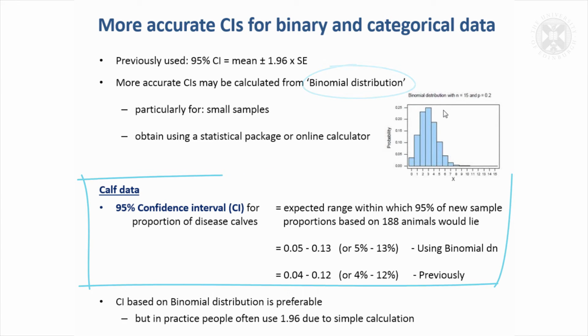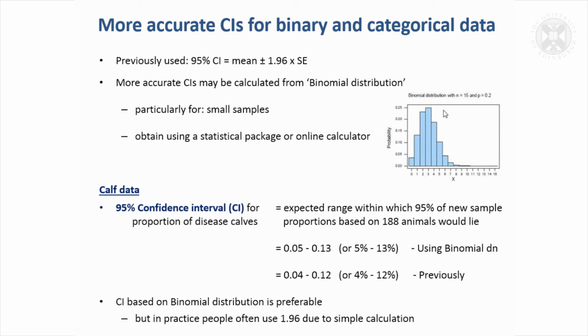If you did this for our sample, you would get a slightly non-symmetrical confidence interval, so it's 5% to 13% compared to the symmetrical 4% to 12%. So here the 5% is only 3% below our 8%, which was the overall proportion of calves with the disease, and it's got a higher upper limit.